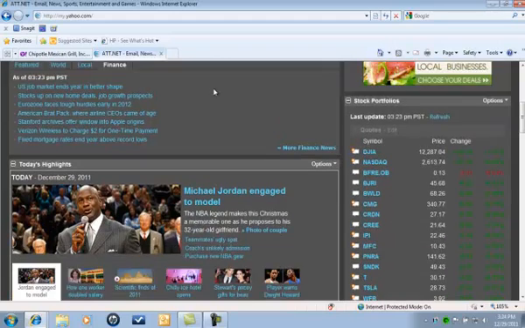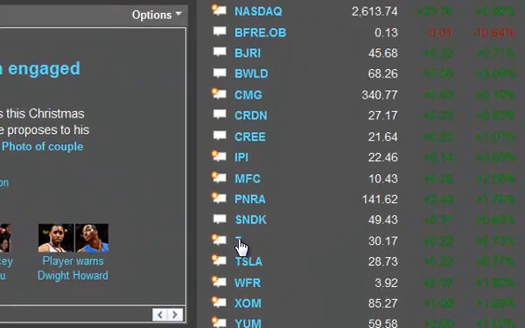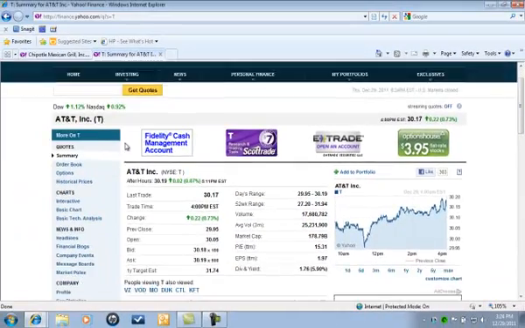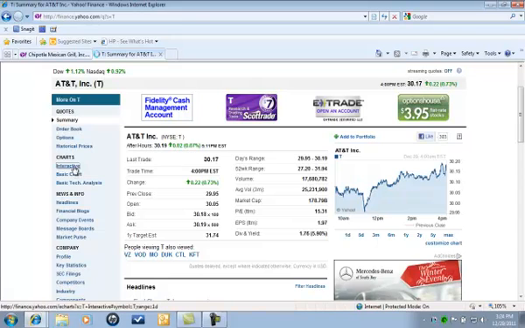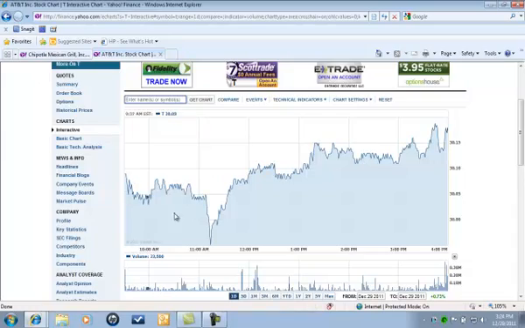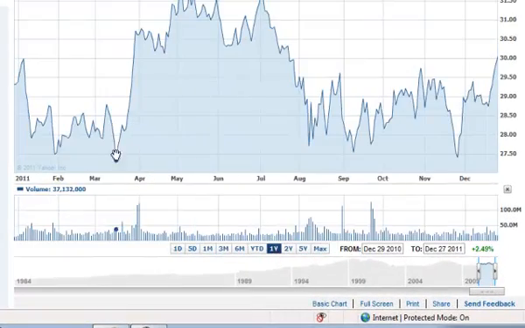An income stock would be something like a utility, like AT&T. This is the AT&T symbol right here, the T, so we'll click on that. And just remember what the growth stock looked like, and now we'll go take a look at an income stock. And we'll select 1 year so you can see the trend here.